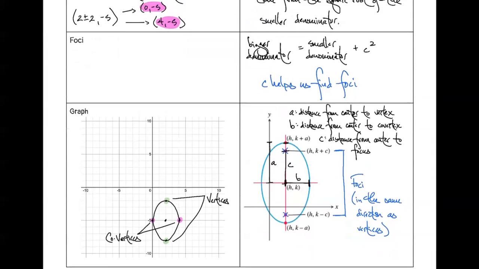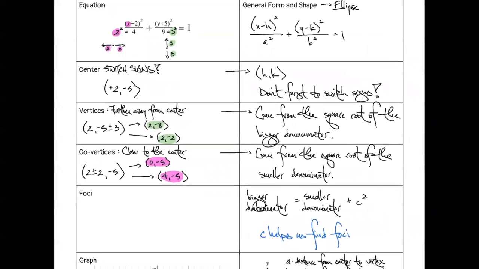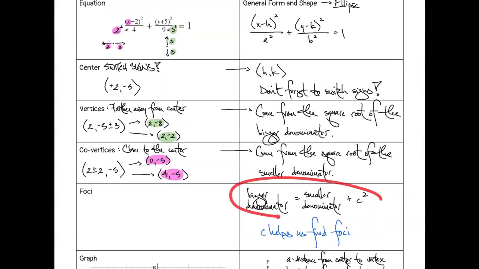All right. So let's practice this with the numbers that we had from here. Let's go back up to the equation for a moment. If I want to write this equation with the numbers that I'm given there, the bigger denominator is 9. So I'm going to write 9 equals the smaller denominator, which is 4, plus C squared. I don't know what that is, but we're going to find it.